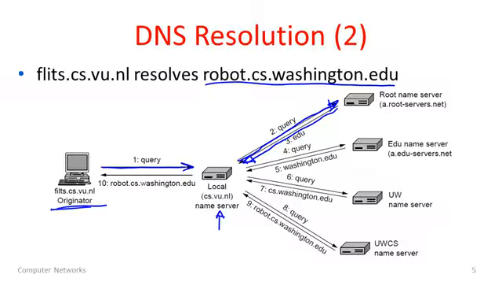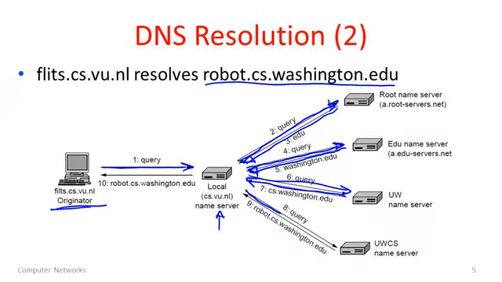So the local name server then knows who to contact for .edu, so it tries its luck and asks .edu, what's the IP address of robot.cs.washington.edu? Well, .edu, again, doesn't know the answer, but it's a little more helpful. It can at least provide a pointer to washington.edu, who you ask. Washington.edu is going to say, well, I don't know, but here's a pointer to cs.washington.edu.